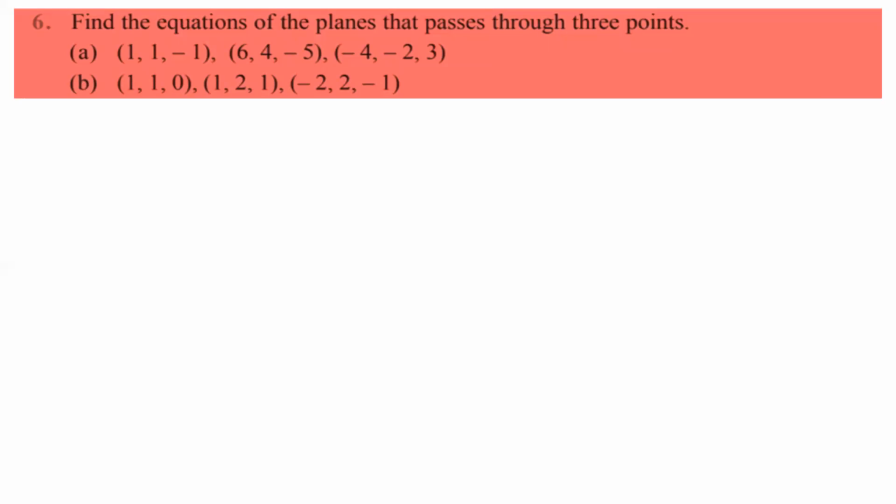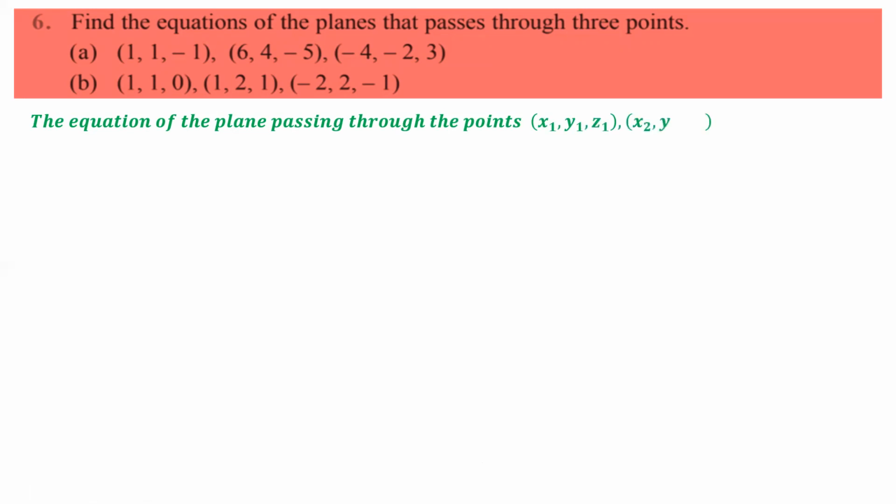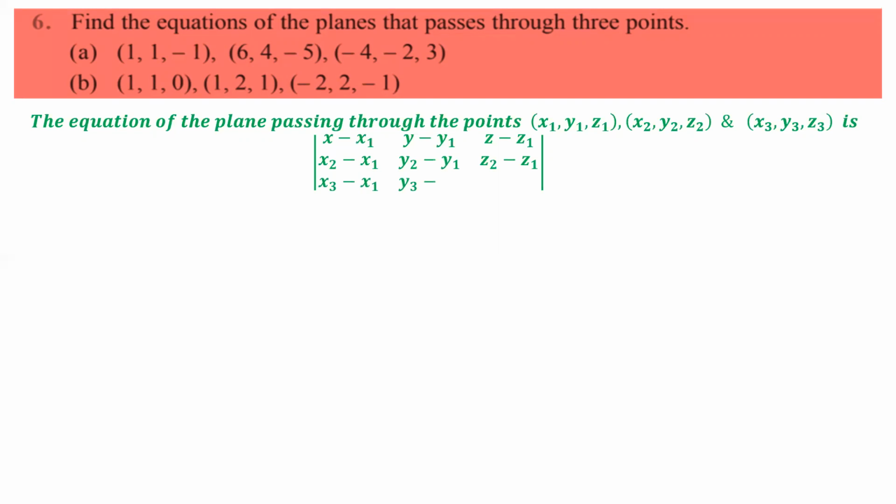Find the equation of the plane passing through these 3 points. Now you have the 3-point formula. If any plane is passing through 3 points, that is (x1, y1, z1), (x2, y2, z2) and (x3, y3, z3), definitely not collinear points, then this determinant equals 0 is the equation of the plane.